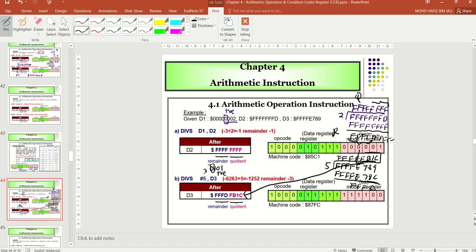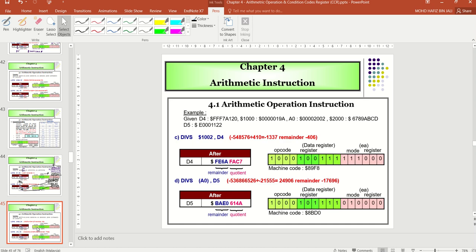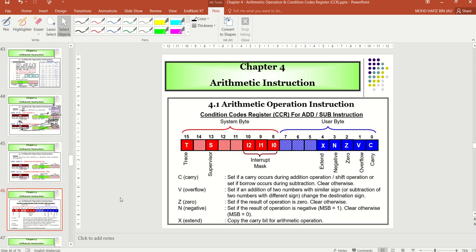For the remainder, put it in the upper word, FFFD. Okay, so you can try another example, C and D.